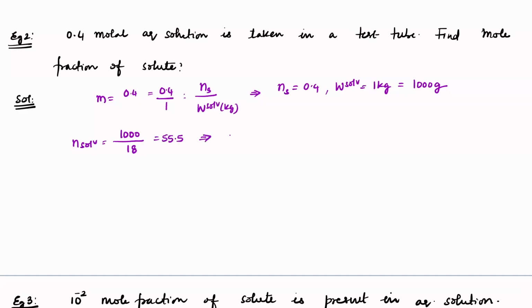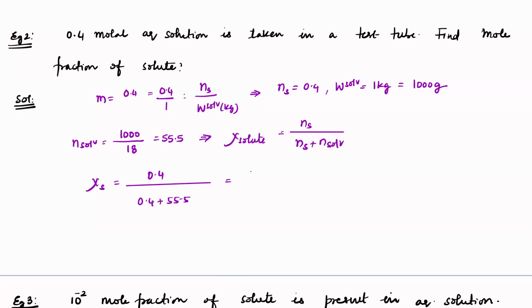So which implies mole fraction of solute can be written as number of moles of solute upon number of moles of solute plus number of moles of solvent. So mole fraction of solute is equal to 0.4 upon 0.4 plus 55.5.